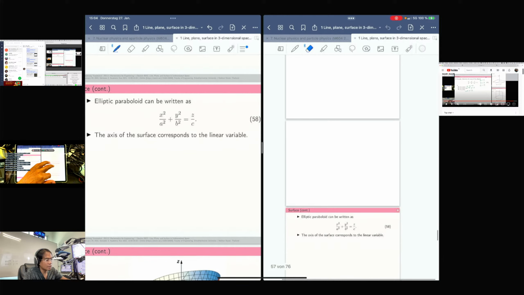So this is the detail of the elliptic paraboloid. You understand that, right? You get to know the idea of this elliptic paraboloid.